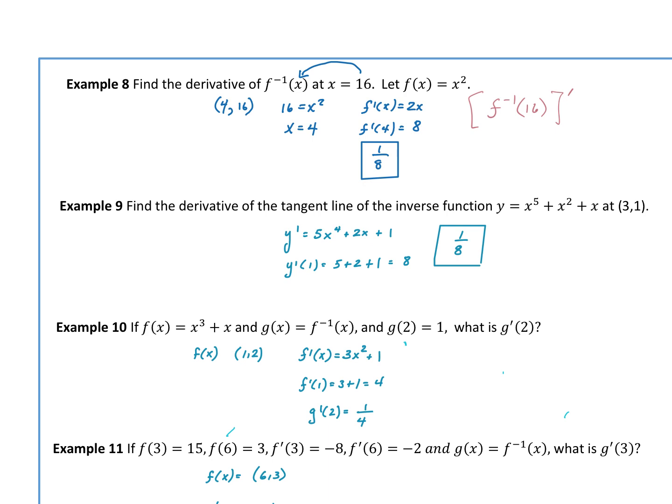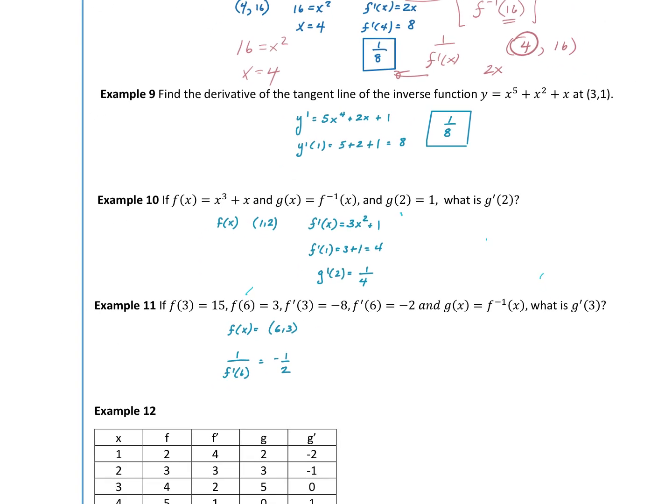So again, the takeaway is this is the y value of the original function. This is the original function. So 16 equals x squared, so we're going to say x equals 4. That's the important value, so it's 1 over f prime of 4. The function is x squared, so the derivative is 2x, and then 2 times 4 is 8 to get 1 over 8.